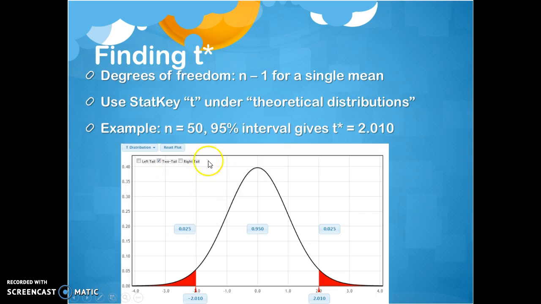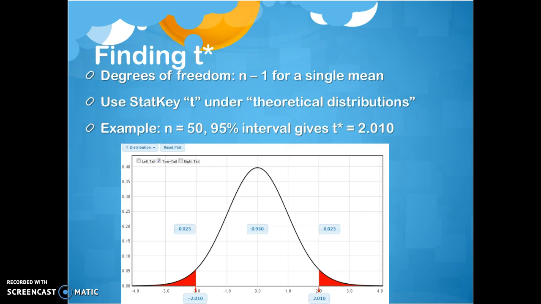If you plug that into StatKey and look for 95% of this t-distribution with 49 degrees of freedom being covered, that gives us a t-star of 2.01, very close to 2, like we've been using before.